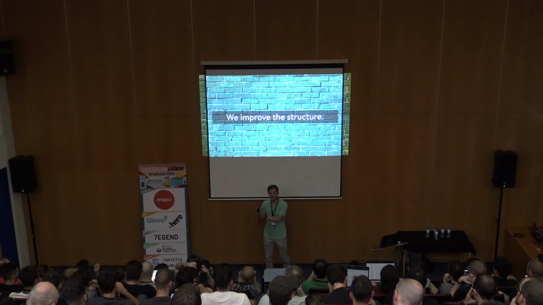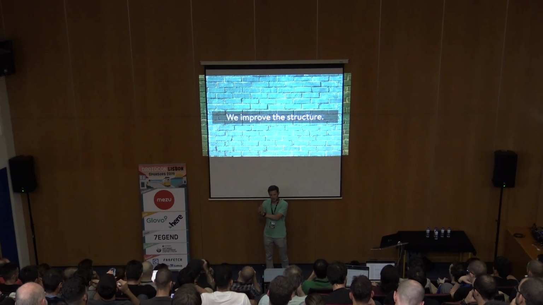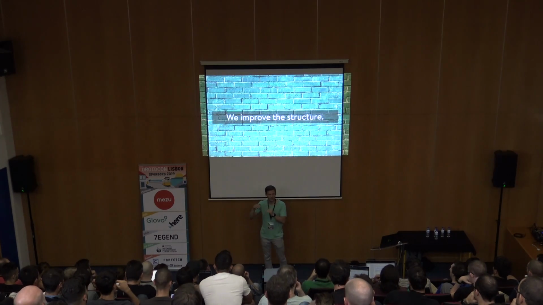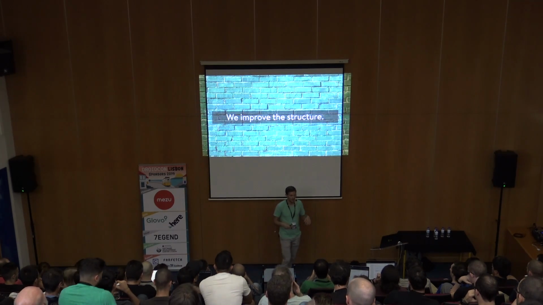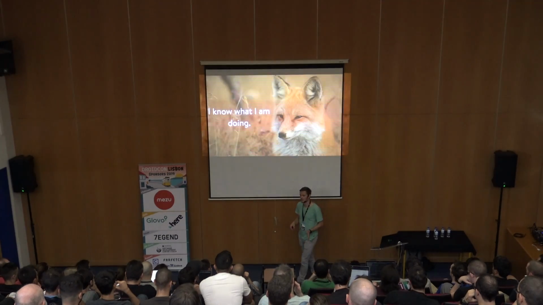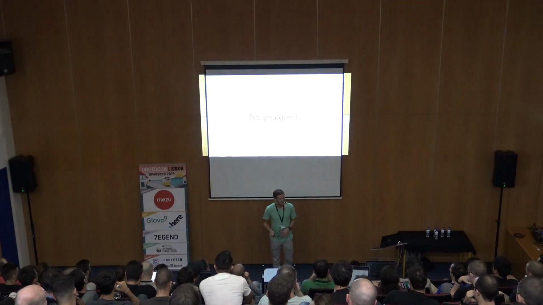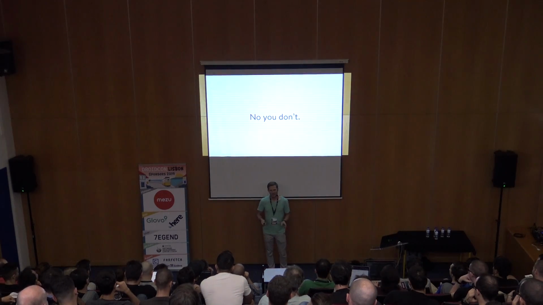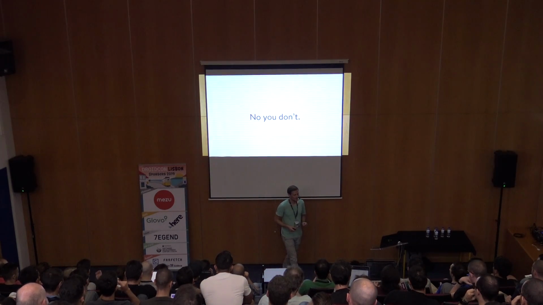So you should really first add the abstraction, refactoring and improving the structure, then add a few tests, and then afterwards you can go nuts without breaking anything. Sometimes people tell me, I know what I'm doing, I can handle this, but trust me, you don't. Usually you end up breaking things, so really stick to this rule.